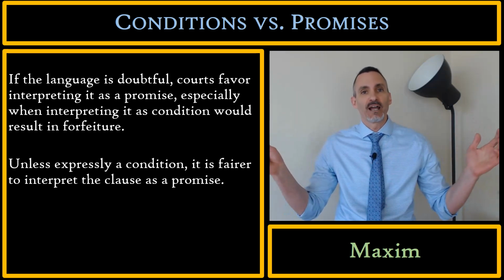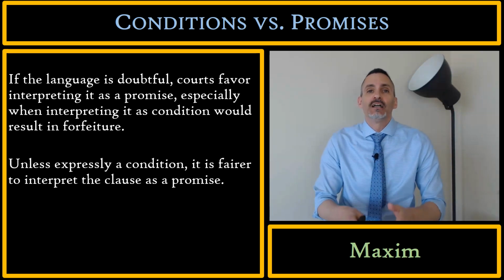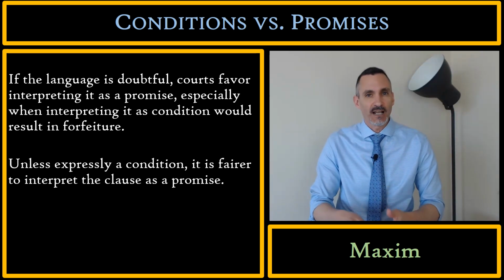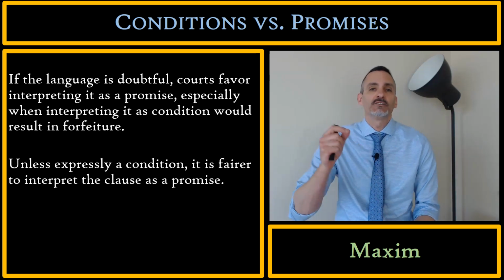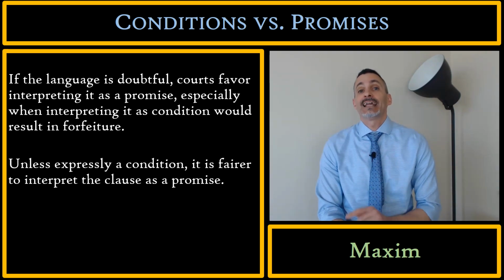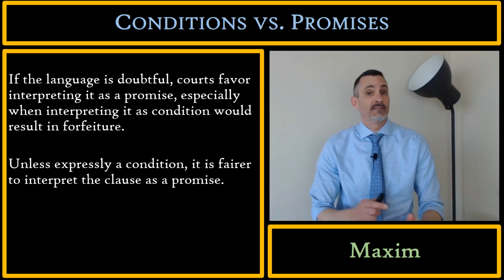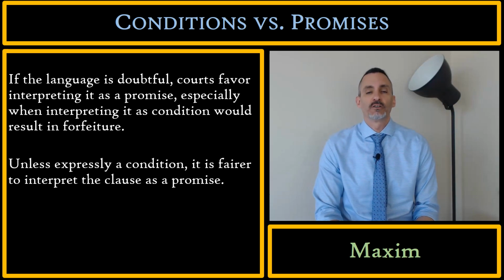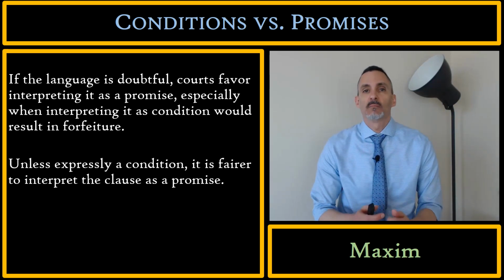No one wants to live in the world of magical fairies. But if you do, if you want this part of the contract to be expressly fulfilled, and if there's even a slight deviation, you want to be able to walk away from this contract, then you better put that in the contract expressly. And if it's ambiguous, the court is going to interpret it as a promise and not an express condition.